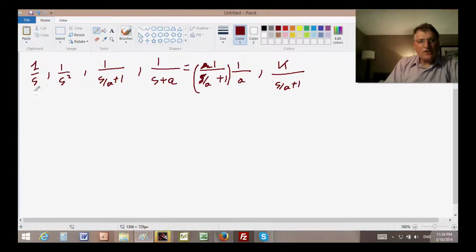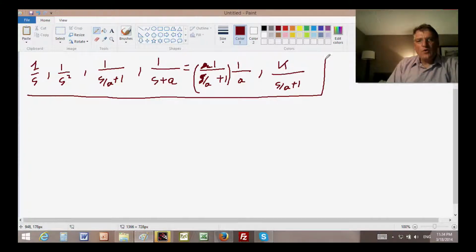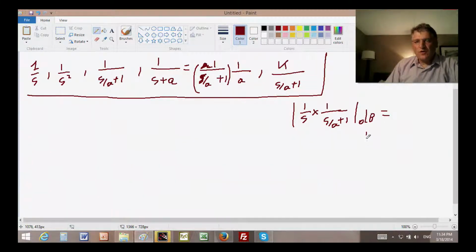Now notice that if we have this, we can also plot the Bode plot of 1 over s times 1 over s over a plus 1. Why? Because we can use the rule that this expressed in dB will simply be equal to 1 over s expressed in decibels plus 1 over s over a plus 1 in decibels.